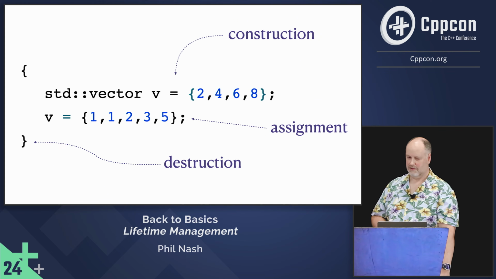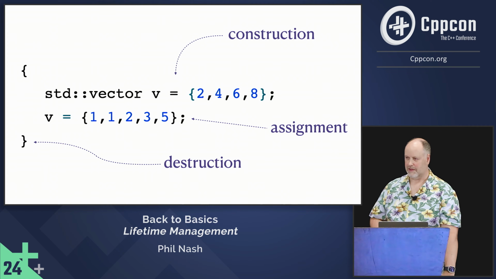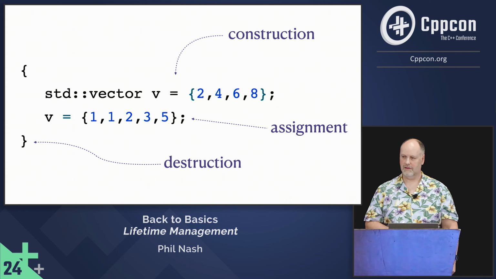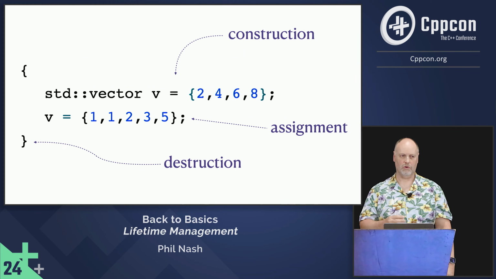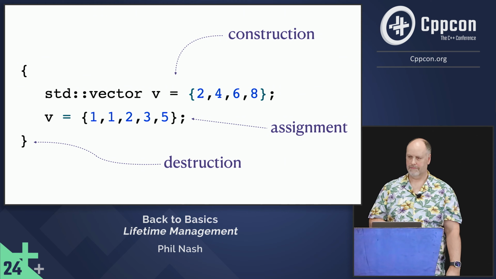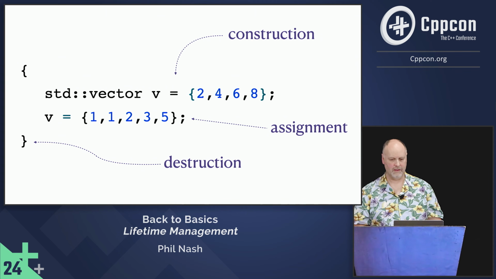One more, vector. Same thing, same phases. Everything is nicely managed. It presents itself as a value type. You can reason about it as a value type, even though under the hood, there's actually more complex stuff going on. So these are our models to follow, ideally.